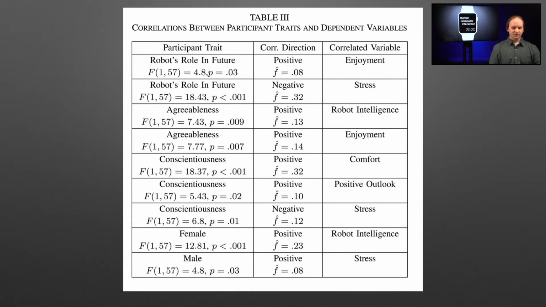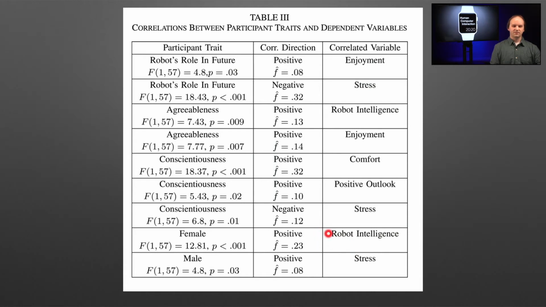And then we see a bunch of positive correlations here. So here are some of the Big Five personality traits, and we see that those have positive correlations with some of these things that we measured about the robot and about the study experience in general. We do see some gender covariates as well, where we had an effect just in general.